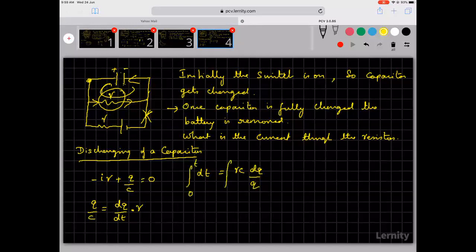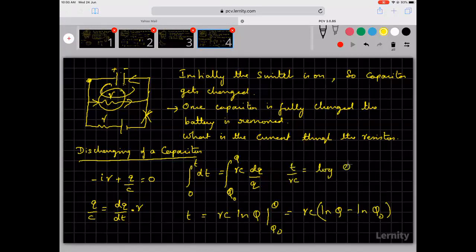Here the integral is from initially Q naught, the maximum charge, to some Q. When you perform this integral, you will get t is equal to RC log Q, with limits Q0 to Q, so RC into log Q minus log Q naught. So you will get t by RC is equal to log of Q by Q naught. So from here we can get the value for Q.